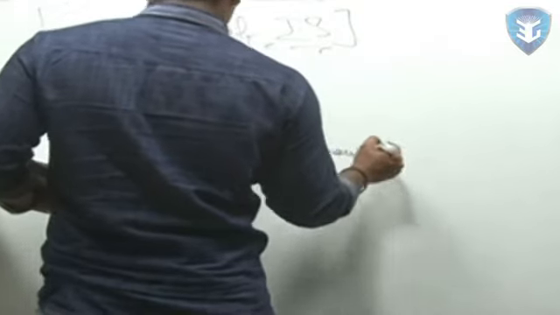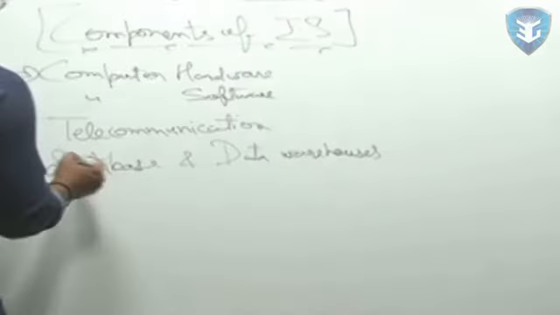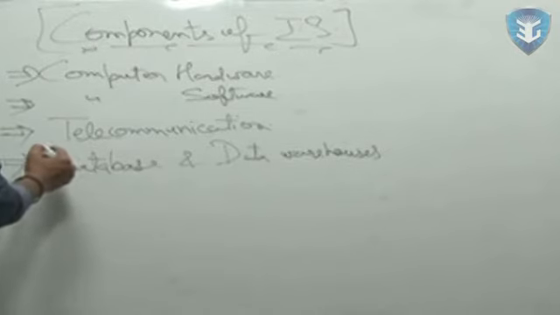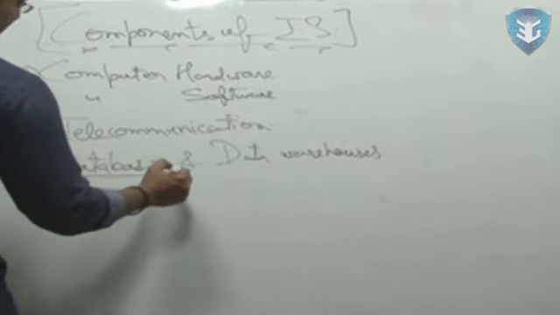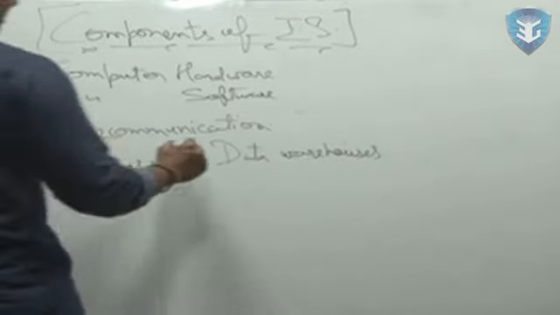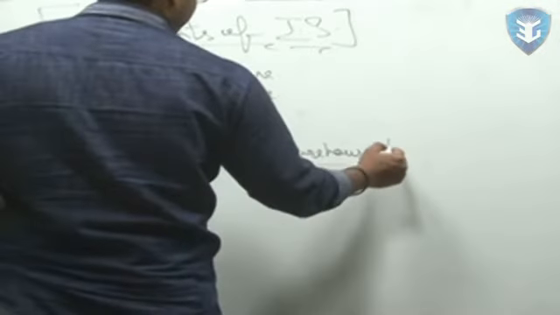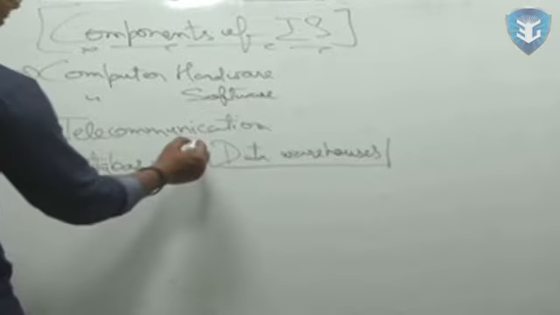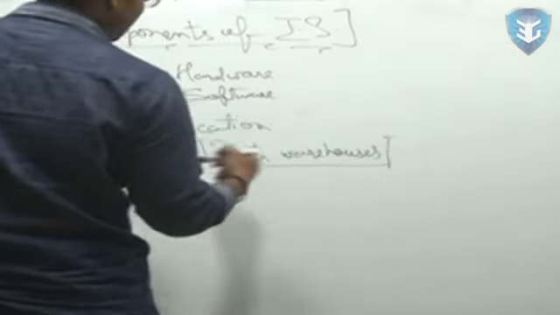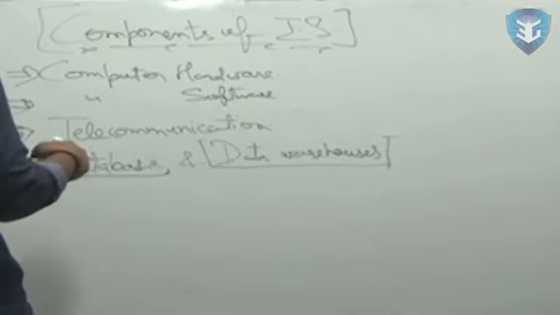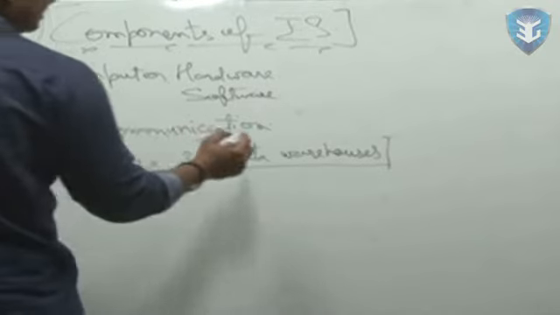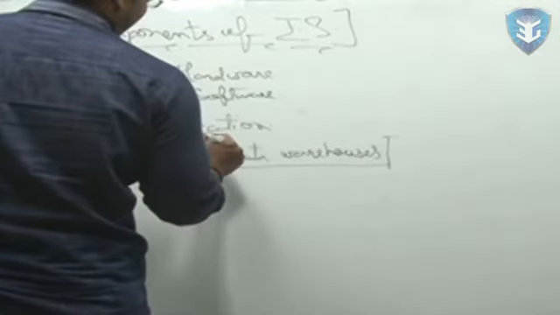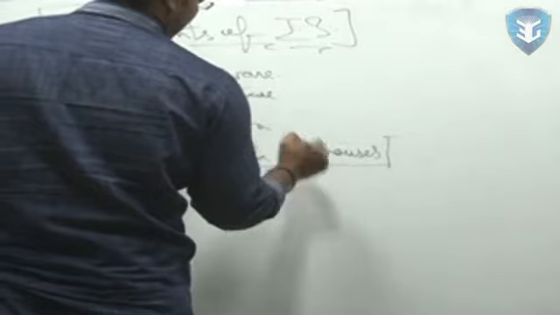The database is where the data is stored, and a data warehouse is where present or past or any kind of data related to the organization is kept, whether it is in use or not. Even if it is obsolete, that data will still exist in data warehouses.